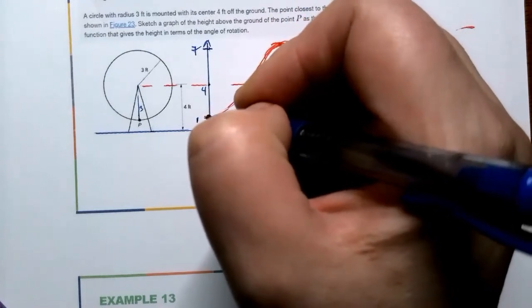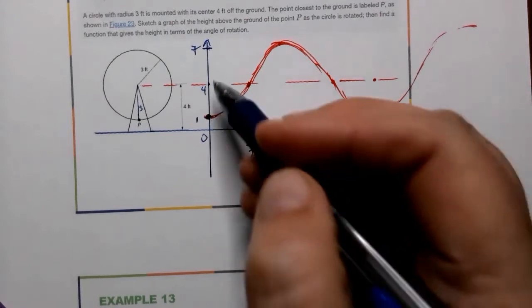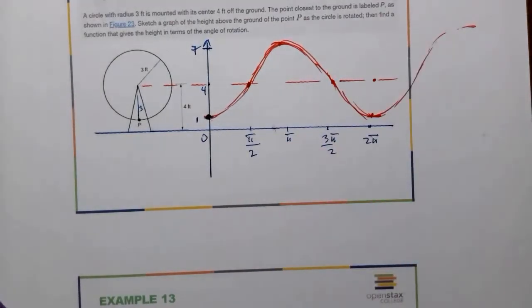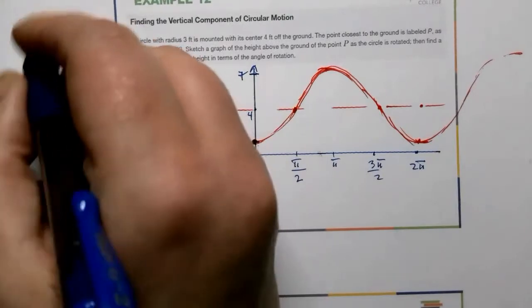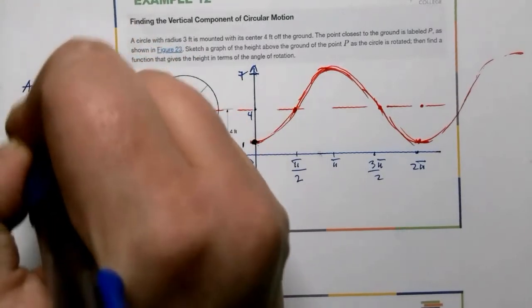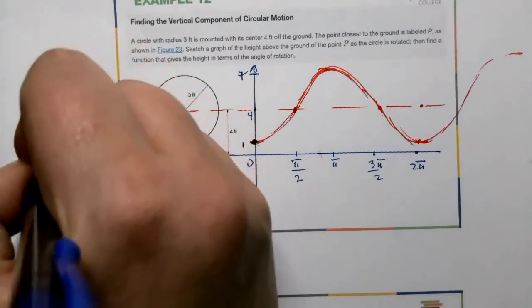Our function actually has a minimum point, so I prefer to use cosine with a negative sign, because the negative sign flips the cosine and it will have the minimum point here. Let's determine all the other parameters. We need to figure out A, the amplitude, B, C, and D for our function.